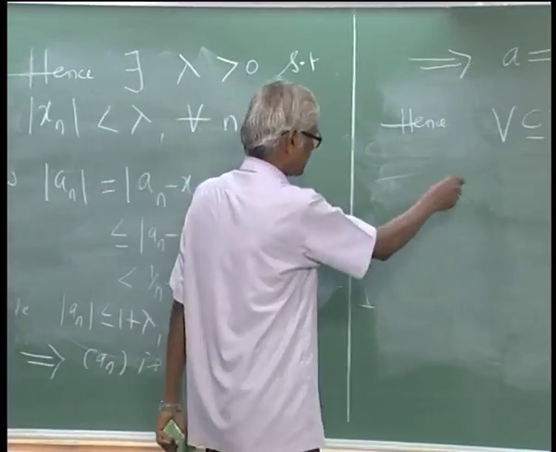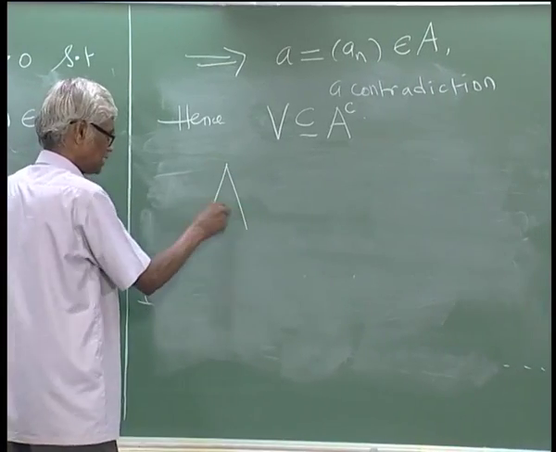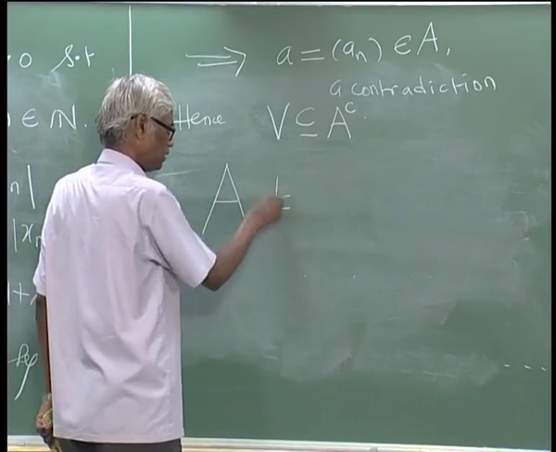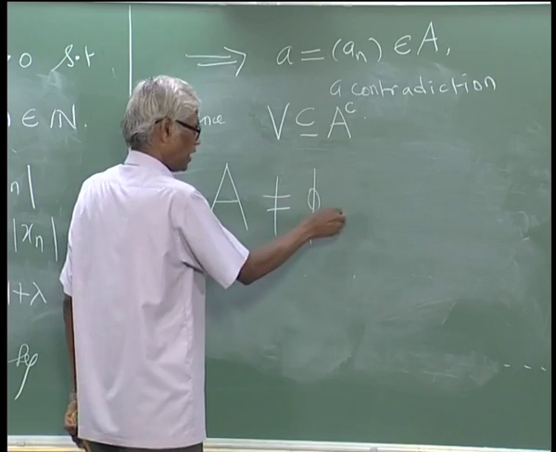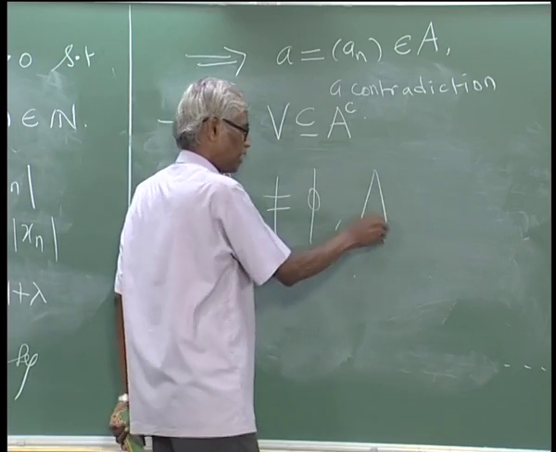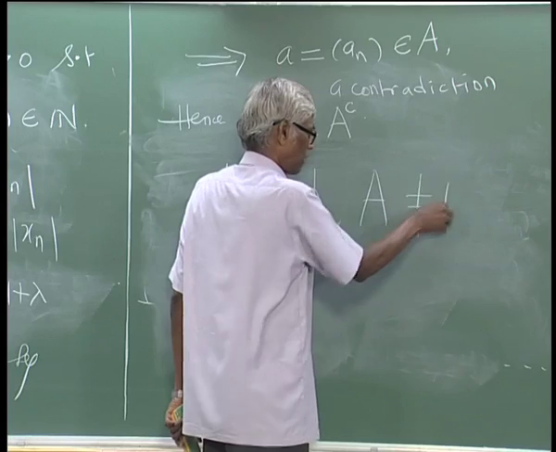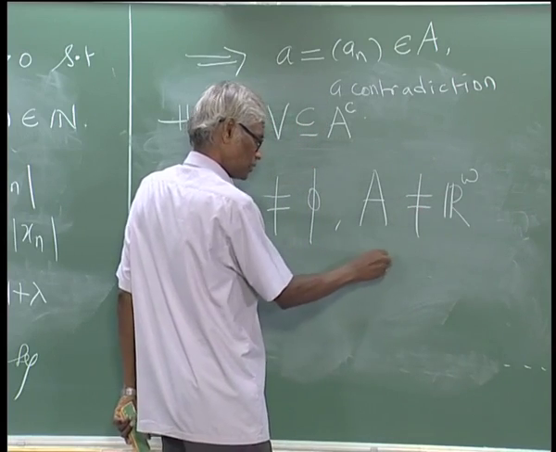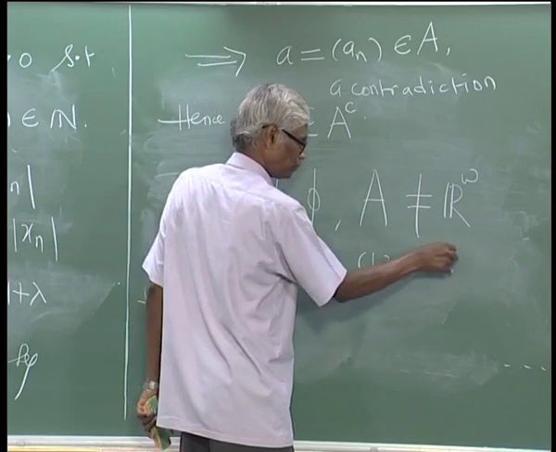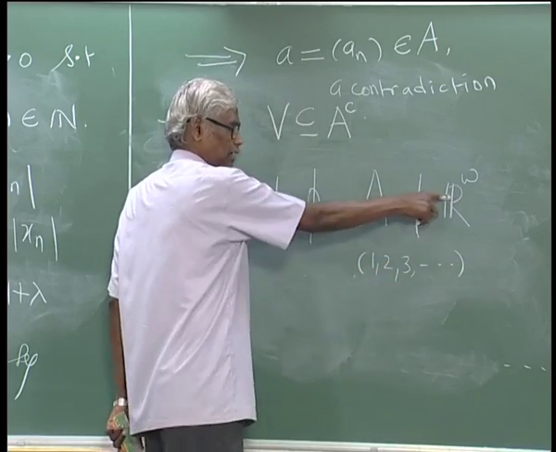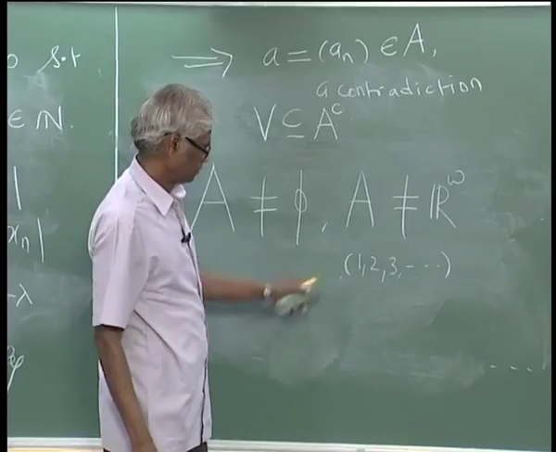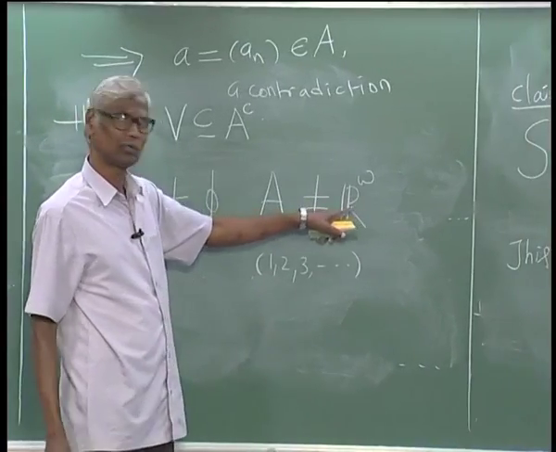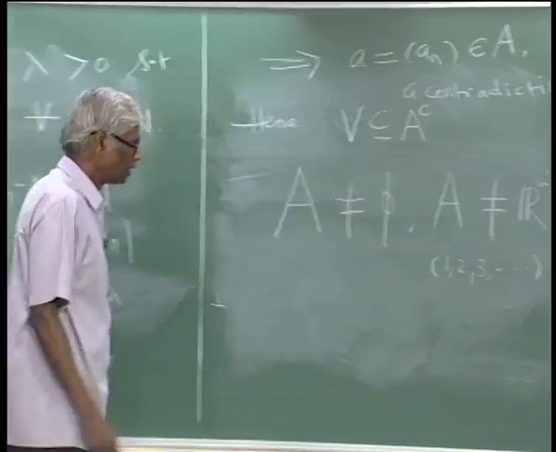And of course, further note that A is non-empty, which is trivial, and also A is not equal to R power omega, because there are sequences like 1, 2, 3, which is not in A. So, that means A cannot be equal to R power omega.